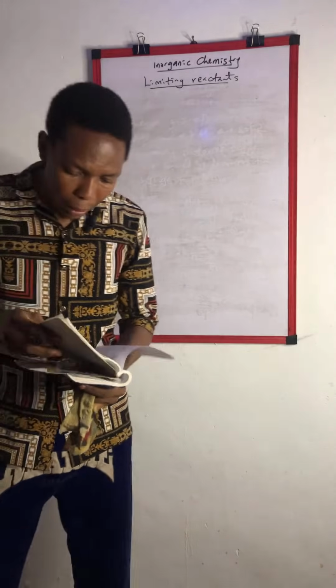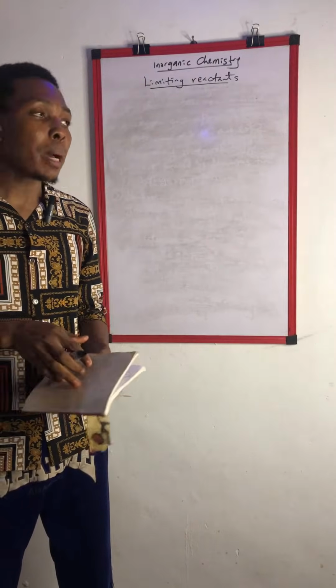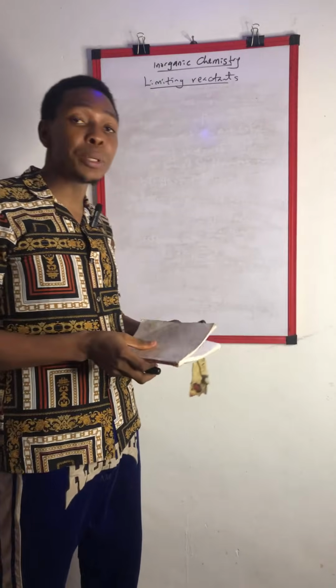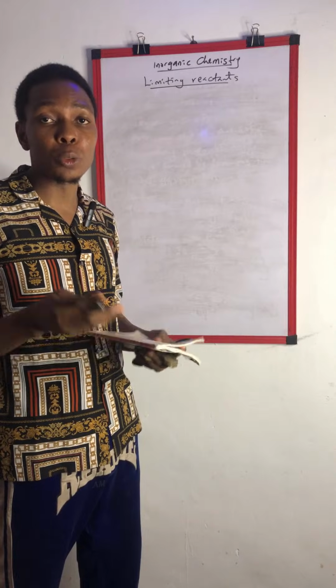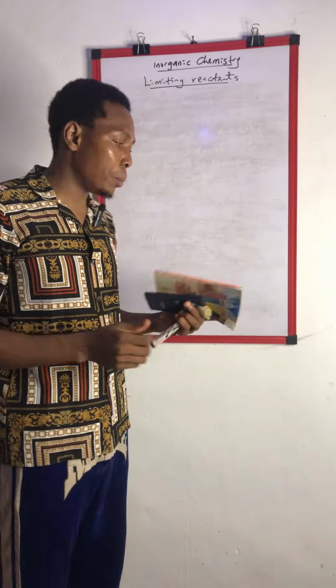All right, limiting reactant. Normally, our limiting reactant or limiting reagent is the reactant that is used up first in a chemical reaction. That's what limiting reagent is all about.